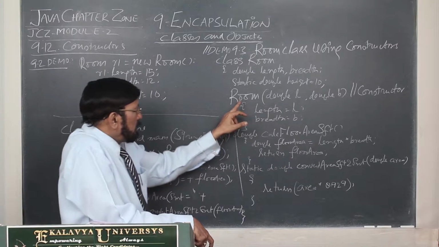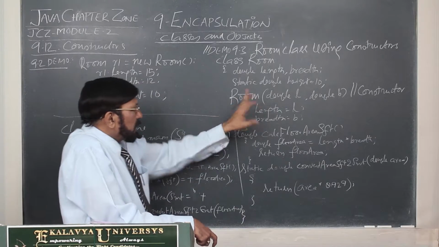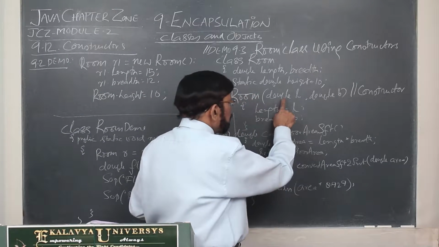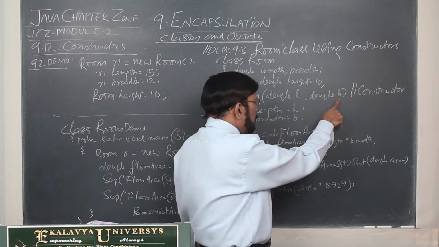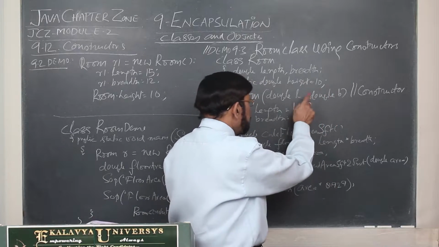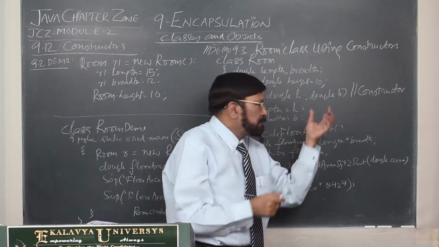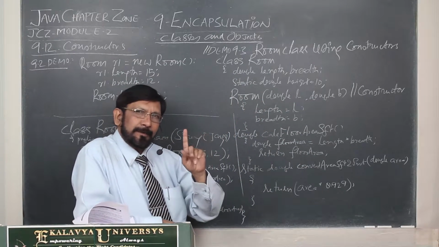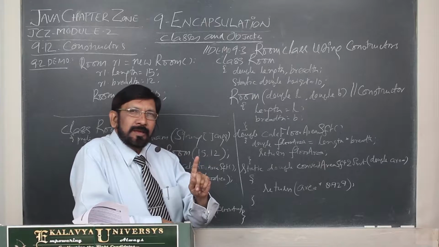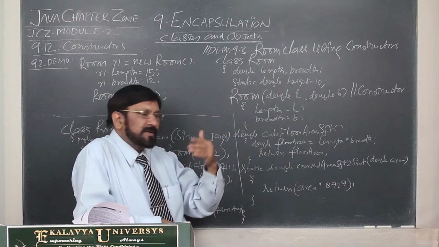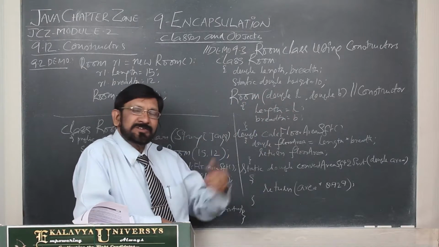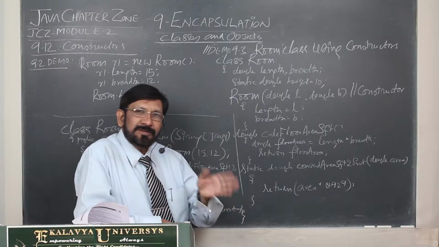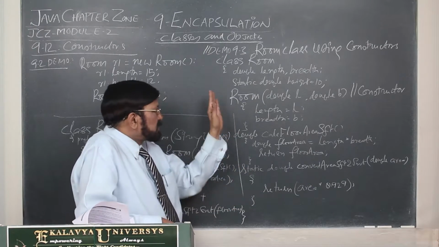Then thereafter, WL, double B, these are the parameters of the constructor. Actually, you call it a constructor, but understand it as an initialization method. What is the specialty?